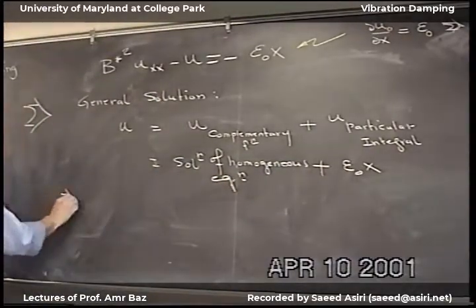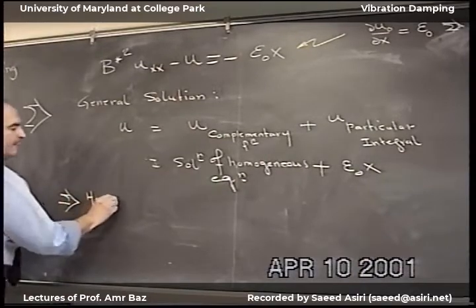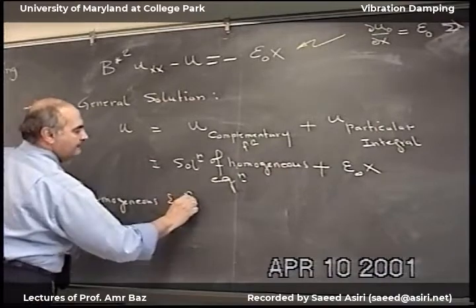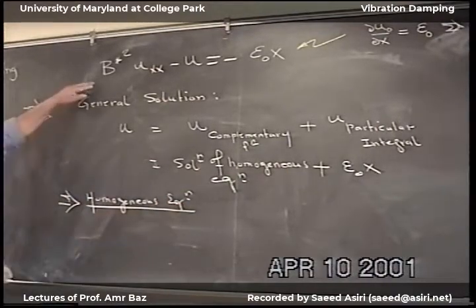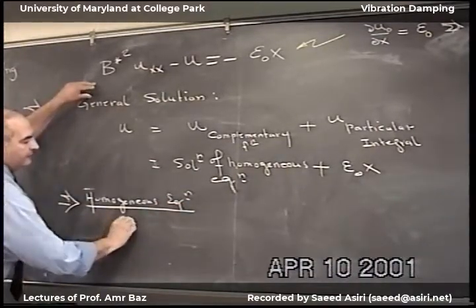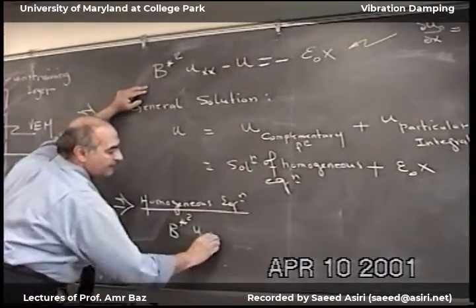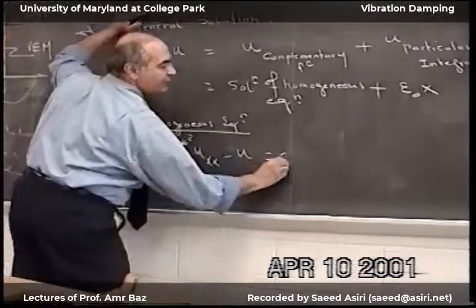And the homogeneous equation is b squared uxx minus u is equal to 0.